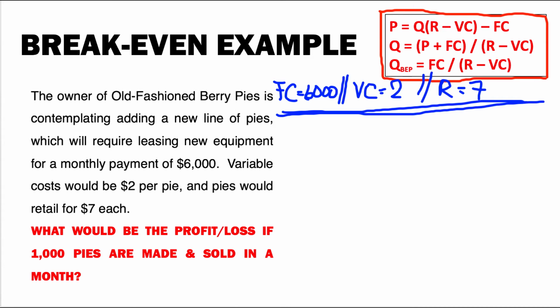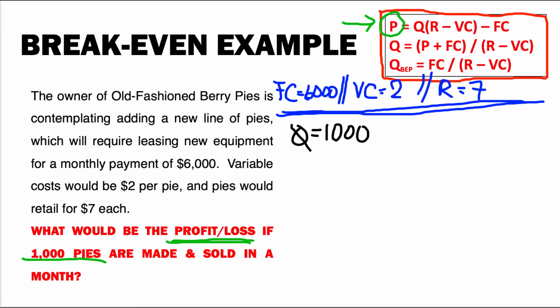So the question asks, what would be the profit or loss if 1,000 pies are made and sold in a month? And we're dealing with profits, so we'll be using this formula. P is for profits. And the problem tells us that we're going to be working with a quantity of 1,000 pies. So therefore Q equals 1,000.